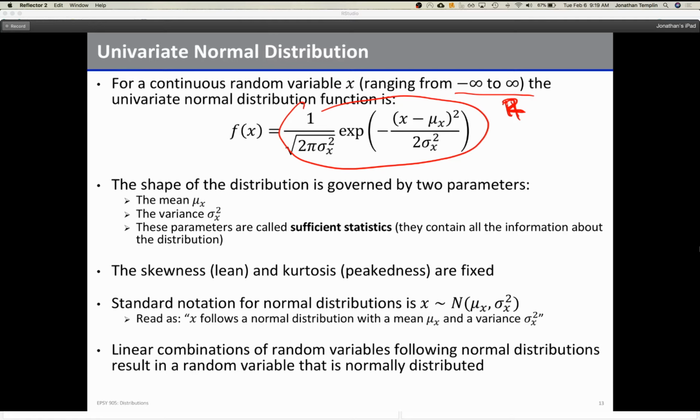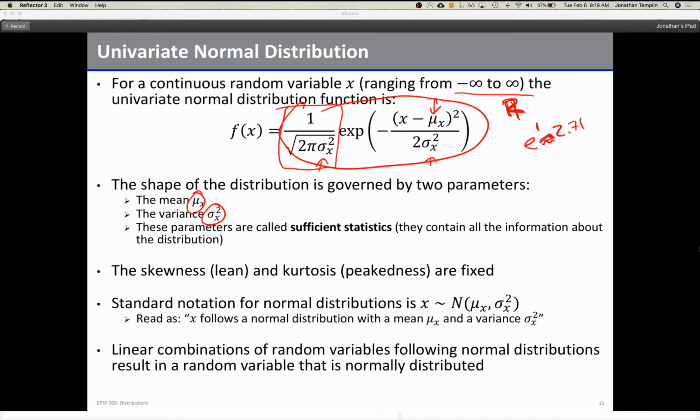This distribution is characterized by 2 parameters, the mean, which is right here, and the variance, which shows up right here and right here. So let's just walk through this. 1 over the square root of 2 pi sigma squared is on the outside. We call this sometimes the normalizing constant. And in the exponent, exp is Euler's number, or e, where if we took e to the first power, it's approximately 2.71.